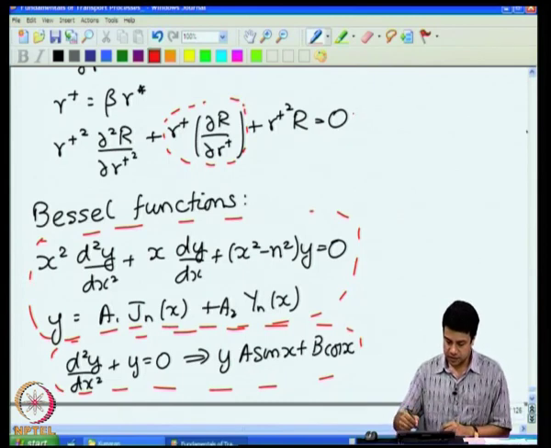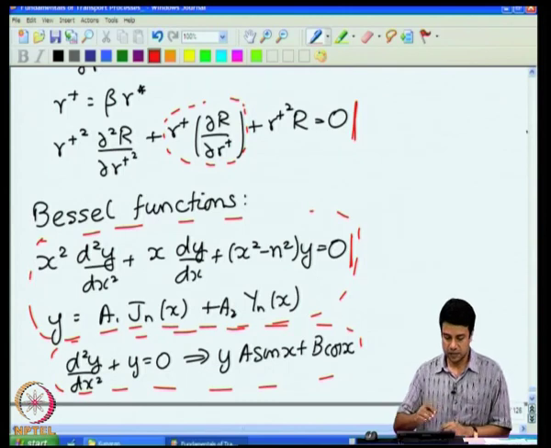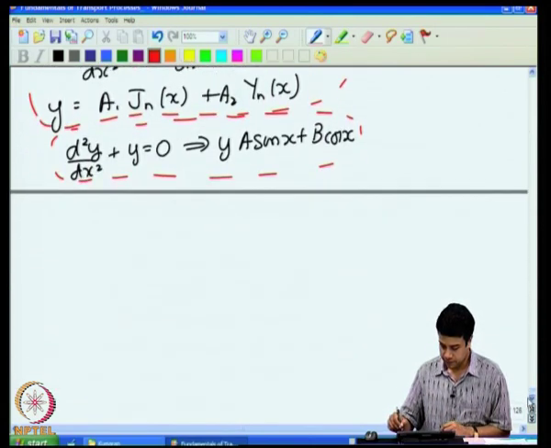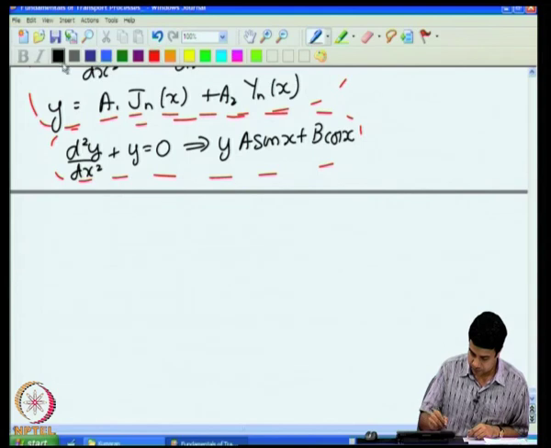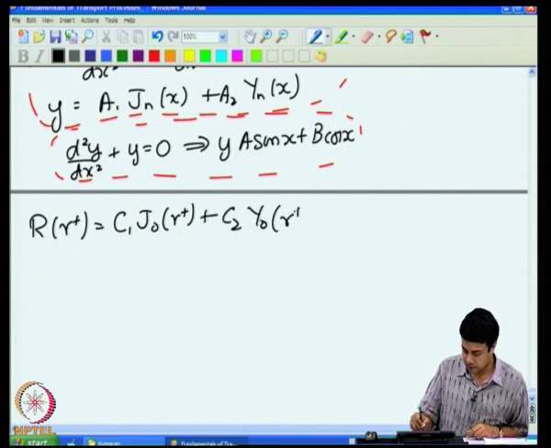You can easily see that this equation is identical to this one, except that n is equal to 0 in the equation on top. Okay. So, n is equal to 0 for this equation, and therefore, the solution for capital R of R plus is equal to C1 J0 of R plus plus C2 times Y0 of R plus.